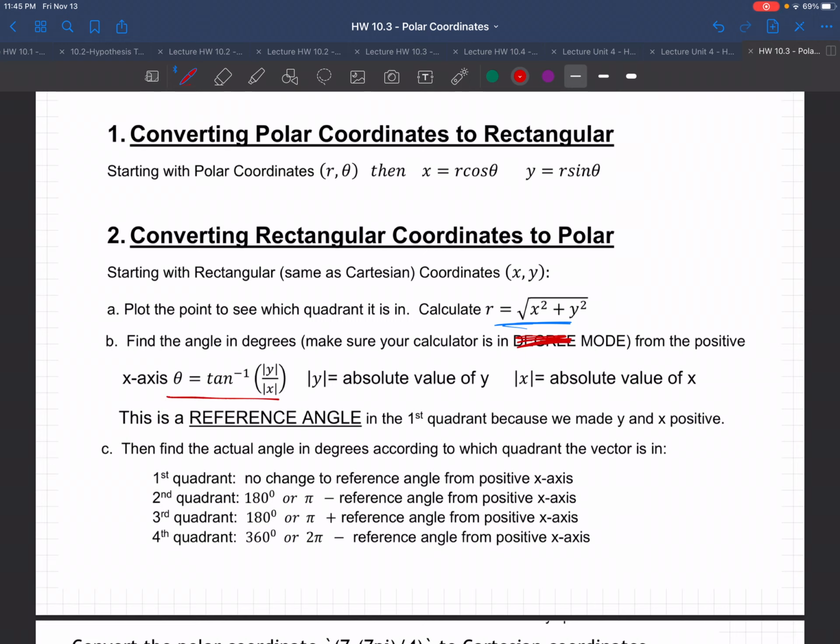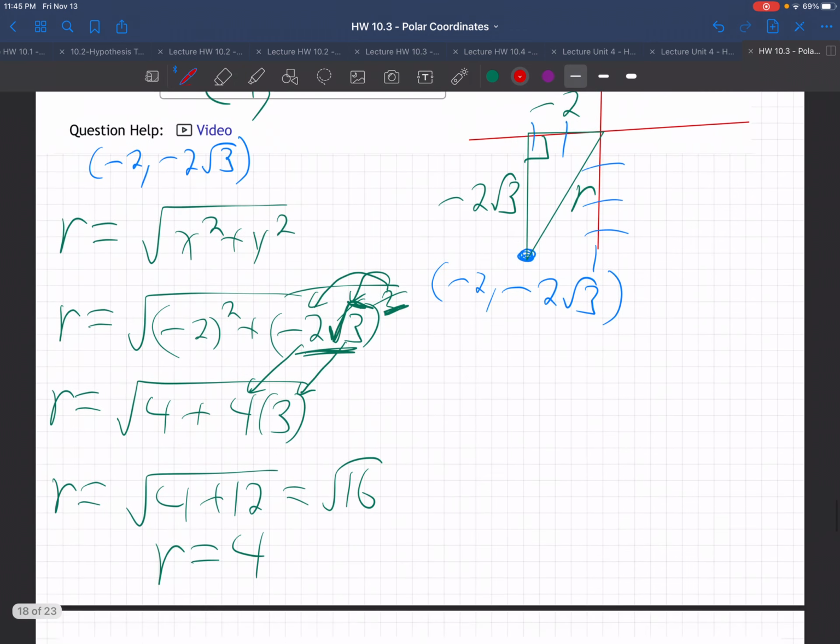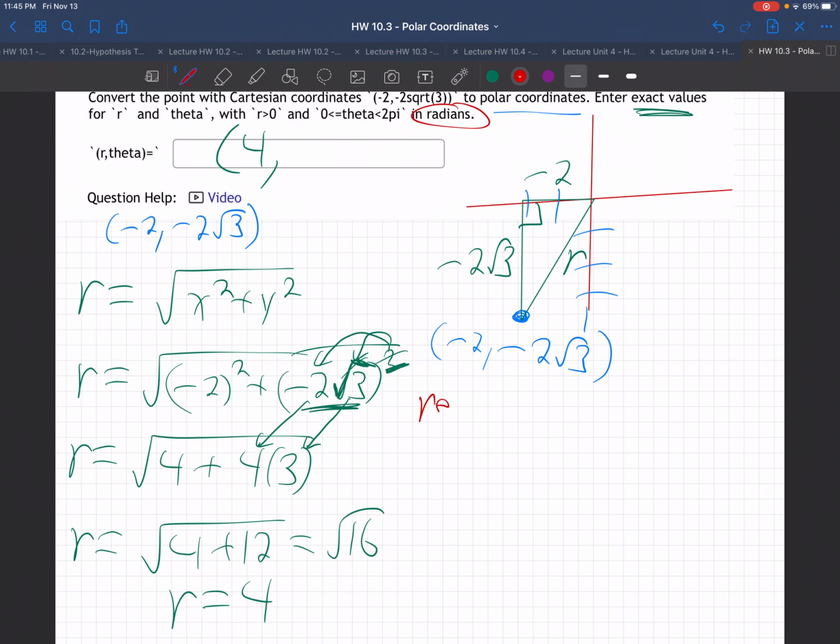So how do you do it? Theta is the tangent inverse of the absolute value of y over the absolute value of x, right there. That's called the reference. That's not the actual theta yet. The reference theta is tangent inverse of the absolute value of y over the absolute value of x.